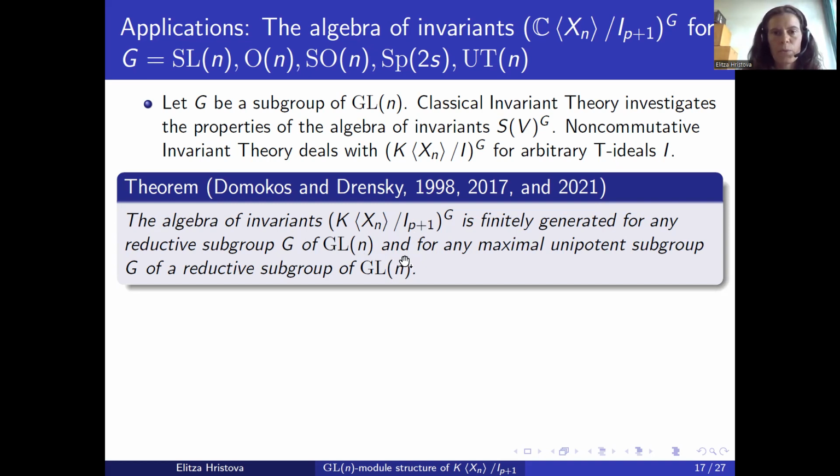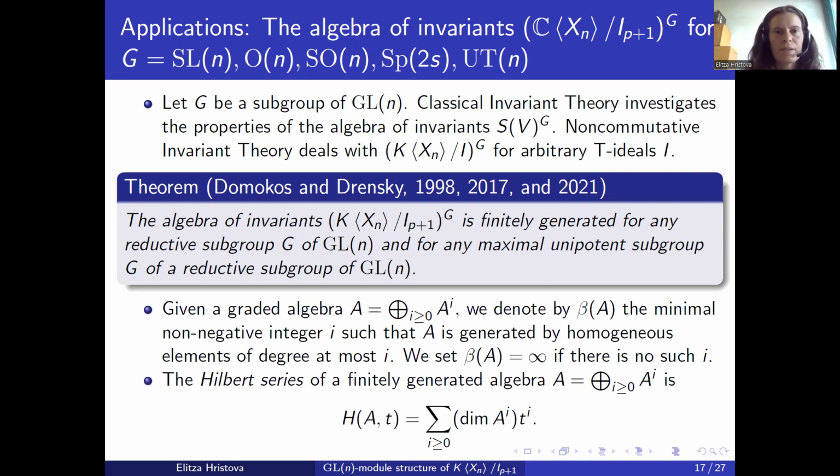Okay, and what we want to do in our talk is that, since we know that this is finitely generated, we want to find a bound for the maximal degree of a generator for these 5 subalgebras here, which are SON, ON, SON, SP in even dimension n, and this here is UTN.